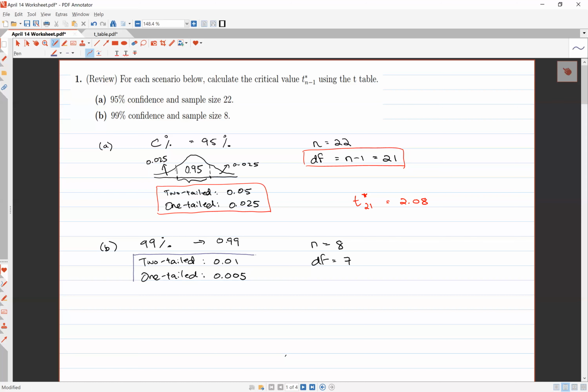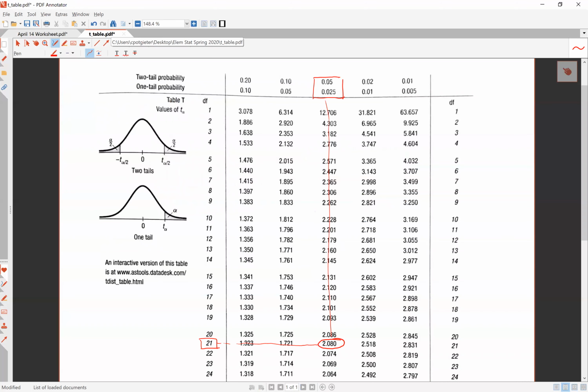So we would look up the row corresponding to this two-tailed and one-tailed values, the column, and the row corresponding to 7 degrees of freedom. So let's do that.